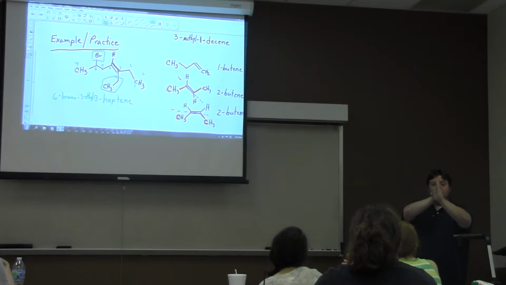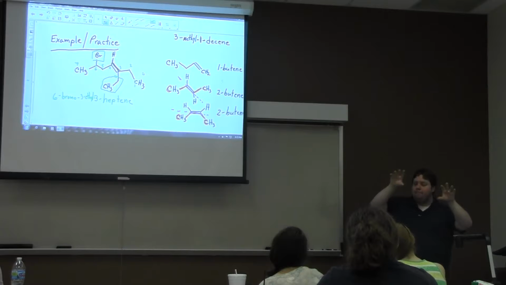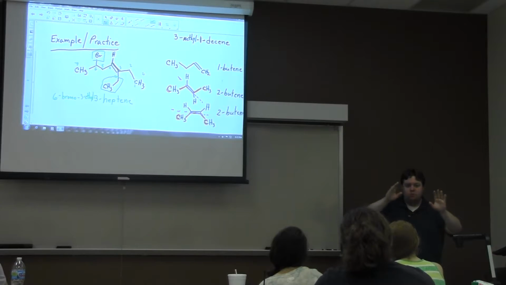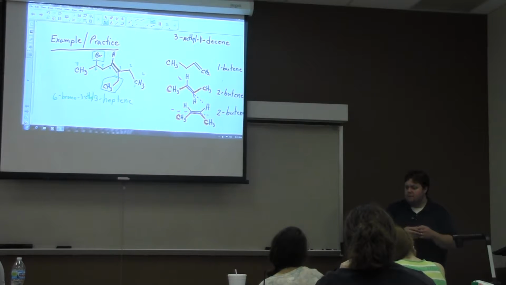The moment I try to leave that perfect alignment of p orbital overlap with a pi bond between them, the moment I try to twist, I'm breaking that bond, and that requires an immense amount of energy. I'm not saying it's impossible. I've personally had to do it for some of the projects I've done in the past, but you have to irradiate it with high energy UV light or add some kind of a high energy reagent to make it break that double bond.